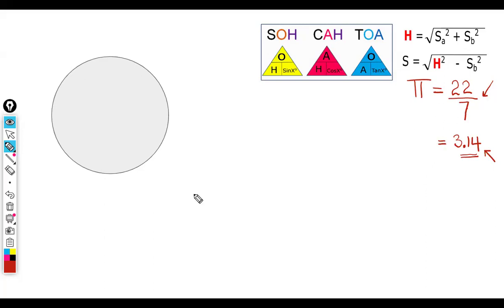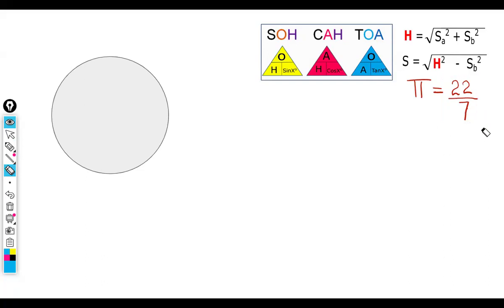In fact, if you do your calculations with 22 over 7 as opposed to doing it with 3.14, you will get slightly different answers. And that could cause a little problem in class, right? Because your answer will look slightly different to mine. So let's all come to the agreement, right?